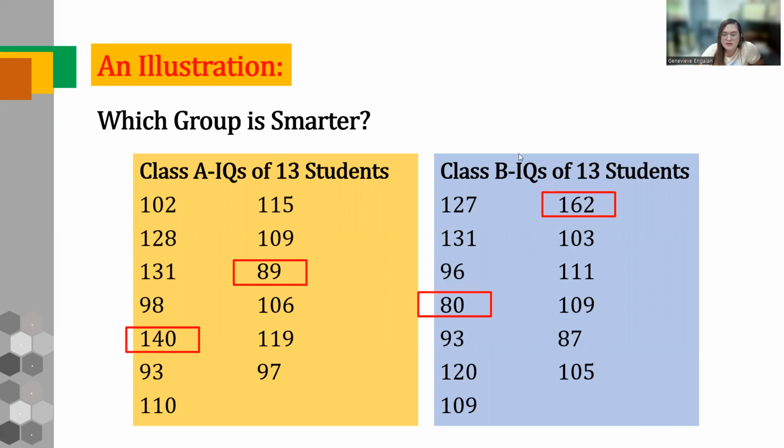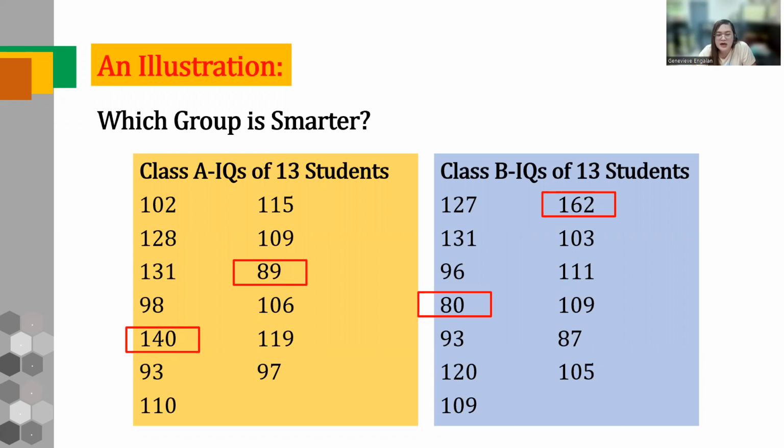So kinsa man gyud. Okay, when we compare groups, two groups or more than two groups, especially like this one, we have the IQs of 13 students for class A and class B. So para mag-compare which group is smarter, we need a certain number to compare. So kinahanglan tag isa ka number nga mo represent sa kada grupo. Unsa may mo represent sa ilaha.